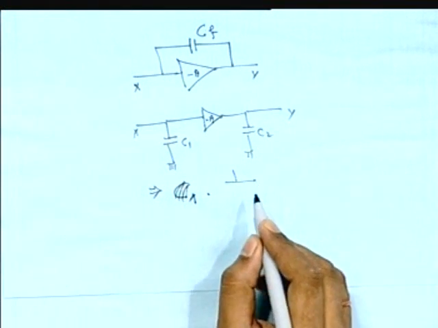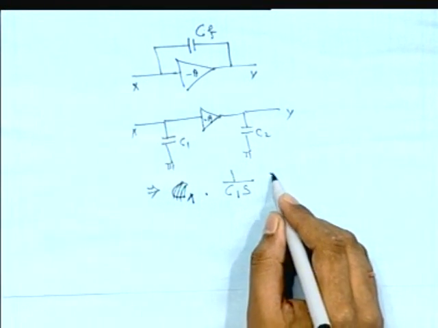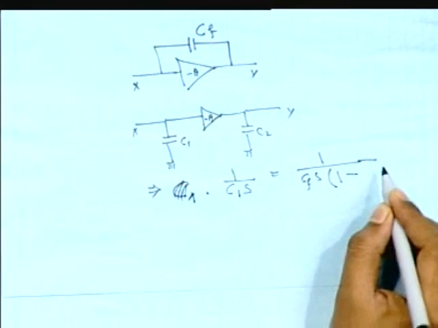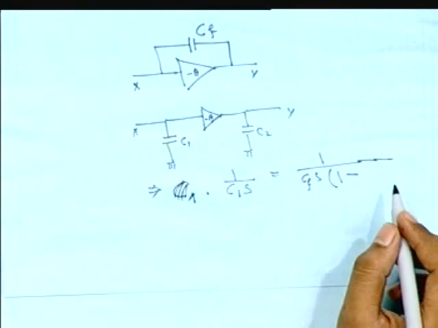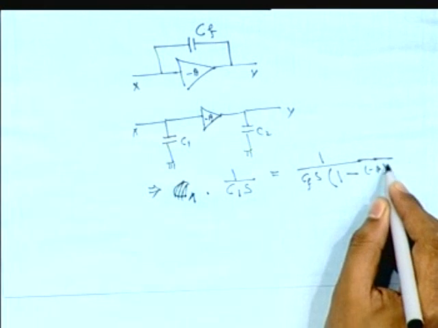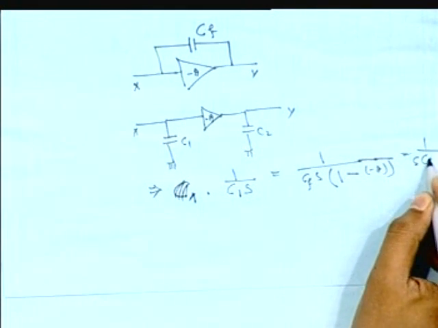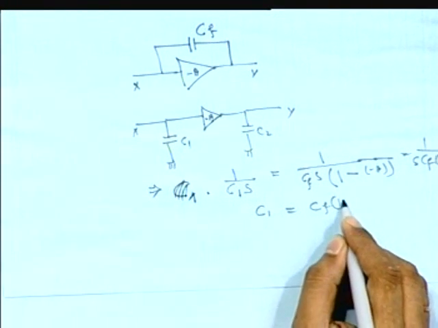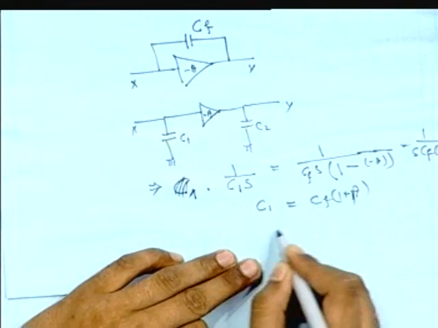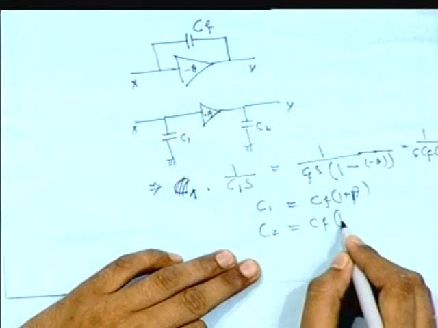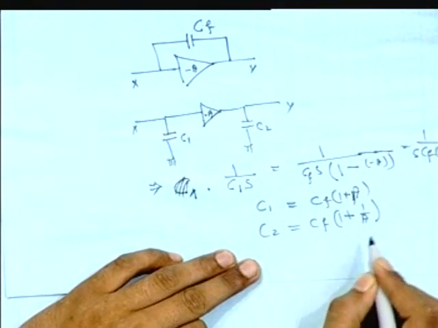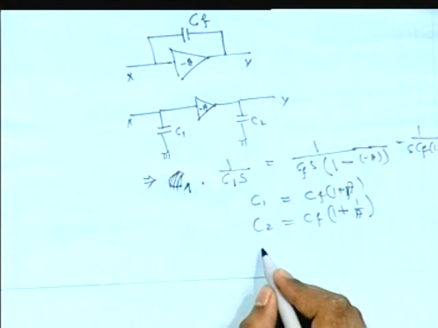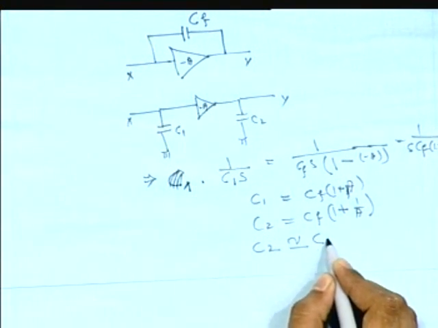The impedance of C1 will be 1 by C1s, equal to 1 by CFs into 1 minus the gain of that particular node, that is Vy by Vx, which is nothing but minus A, equal to s into Cf into 1 plus A. So C1 is nothing but Cf into 1 plus A. Similarly, we can calculate C2, which is nothing but Cf into 1 plus 1 by A. For a high gain amplifier, that is if A is much greater than 1, we can approximate C2 as nothing but Cf.